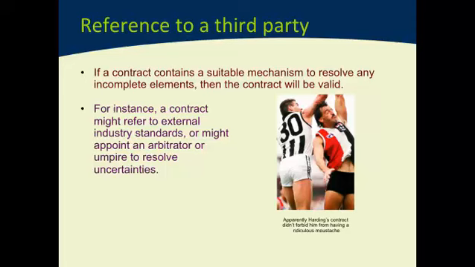It's not uncommon, for instance, for the parties to agree that if there's a dispute, it will get referred to an independent third party, an arbitrator or an umpire or a mediator. And that's perfectly valid because you can see that the obligations of each party are entirely clear.